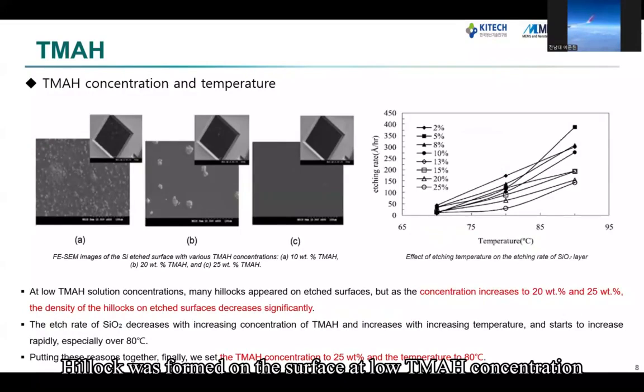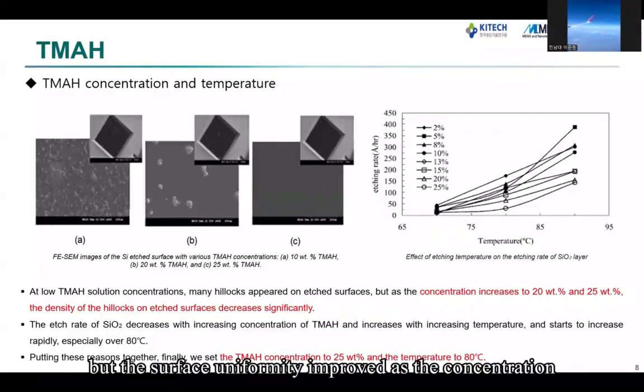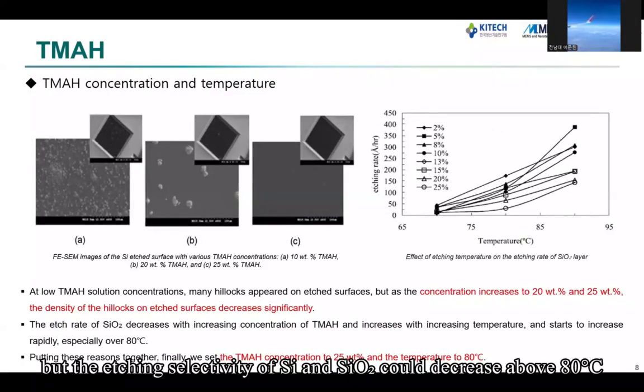Hillock was formed on the surface at low TMAH concentration, but the surface uniformity improved as the concentration increased to 20 weight% and 25 weight%. In addition, as the temperature increased, the etching rate increased, but the etching selectivity of silicon and silicon oxide could decrease above 80 degrees.